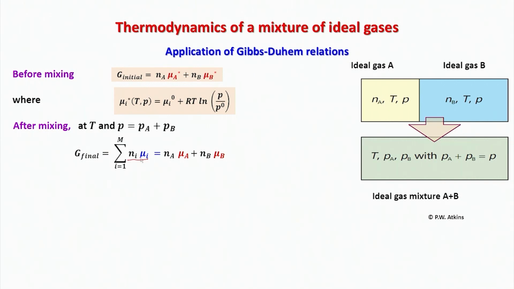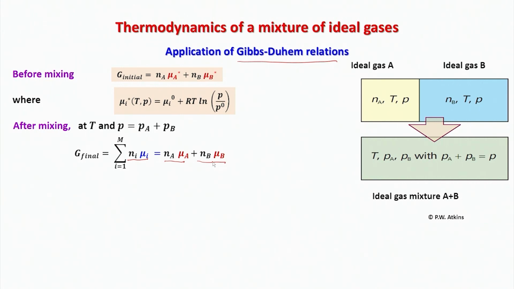I could write it by using the Gibbs-Duhem relation. Now when I do this, for this particular example, I can simply write that G final is equal to Na mu A plus Nb mu B. If that is so, then the question is, what is mu A and mu B?